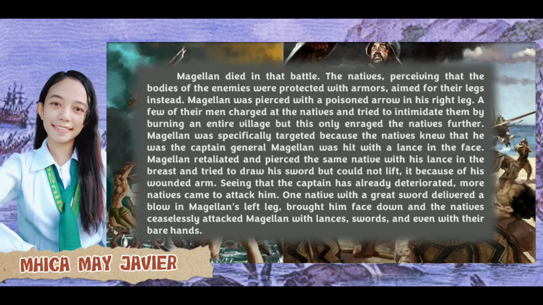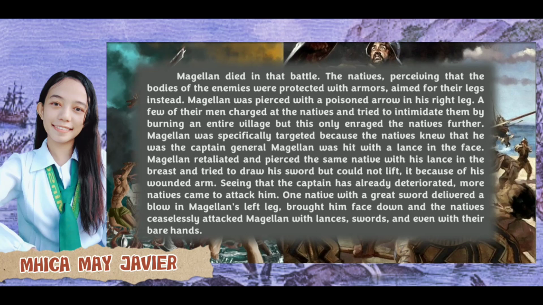Magellan was specifically targeted because the natives knew that he was the Captain General. Magellan was hit with a lance in the face. Magellan retaliated and pierced the same native with his lance in the breast and tried to draw his sword, but could not lift it because of his wounded arm.